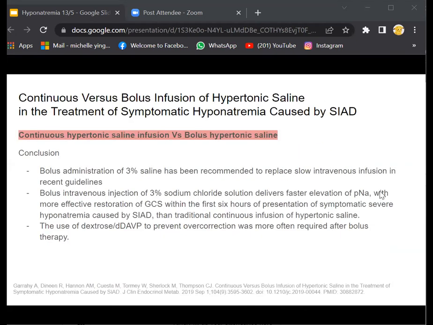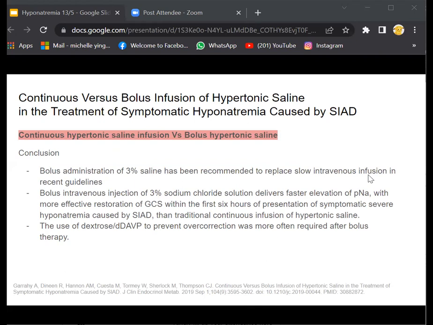Next is an article by Garrahy and colleagues regarding continuous versus bolus infusion of hypertonic saline, where you can see that bolus administration is recommended to replace slow intravenous infusions.